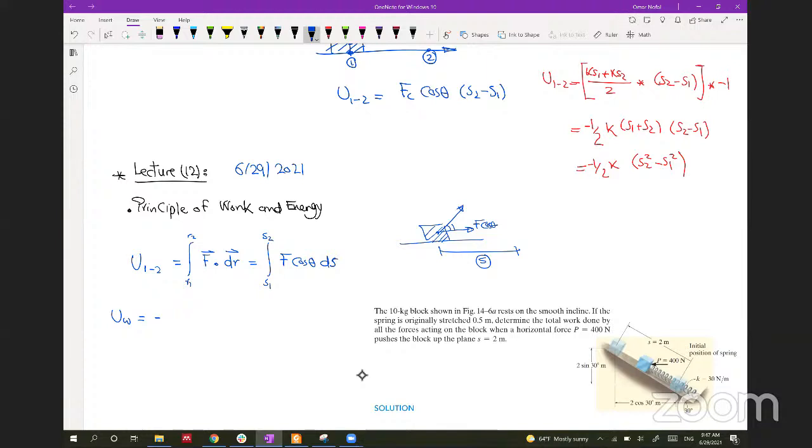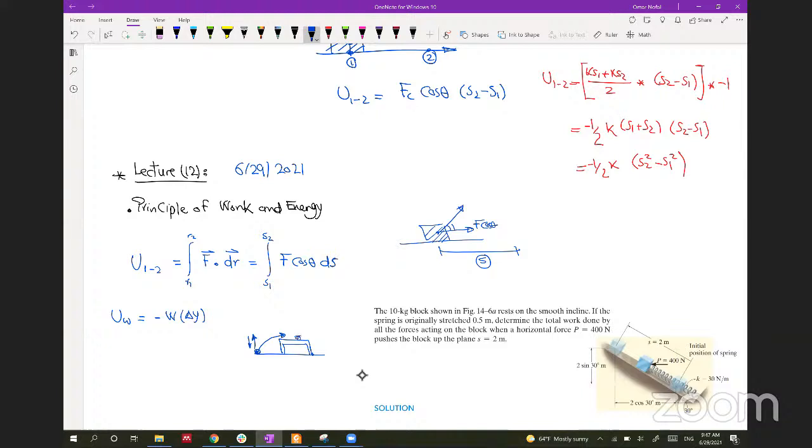It depends on the particle, like in the example from last time, if we move a body up on a table, gravity is going down, so this will be negative, multiplied by delta y.